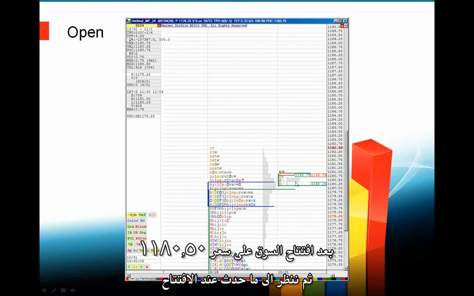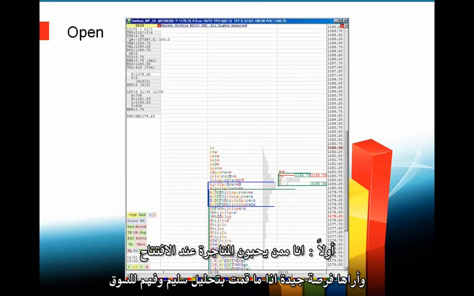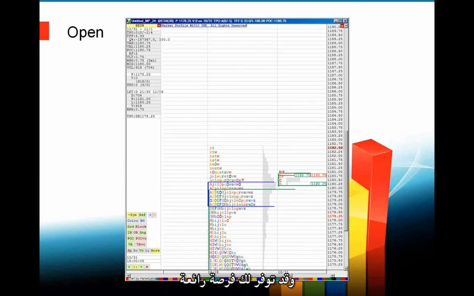I take a look at what happens at the open. First, I'm one of those people who really likes to trade the open. I find that there are always good opportunities at the open if you've done a careful analysis and you have a good understanding of the market. It allows you some tremendous opportunities.